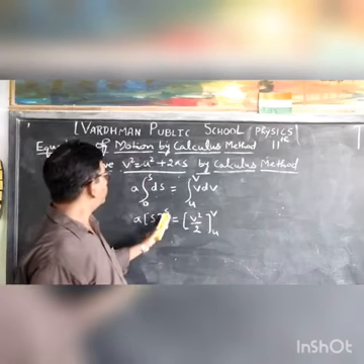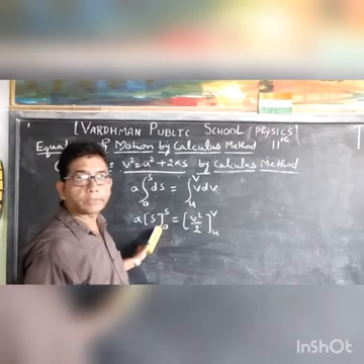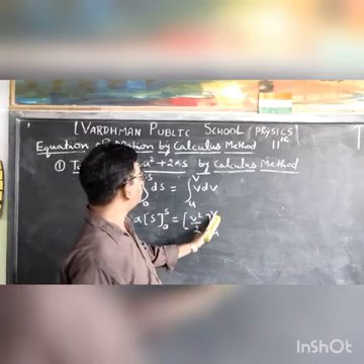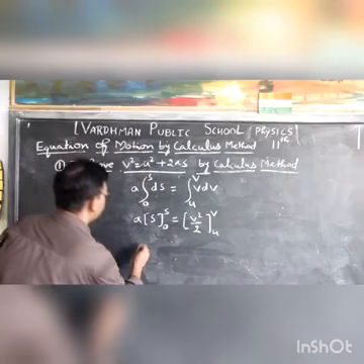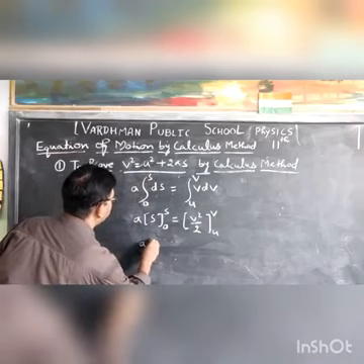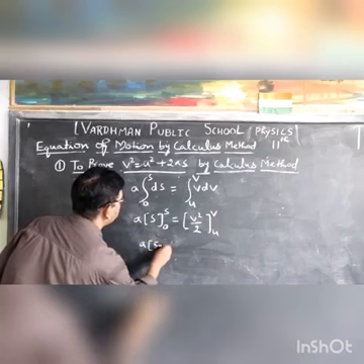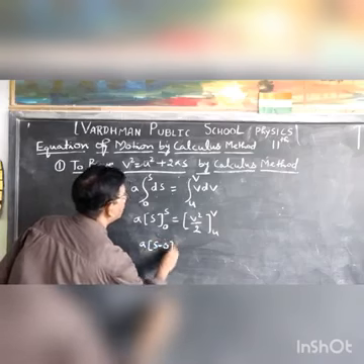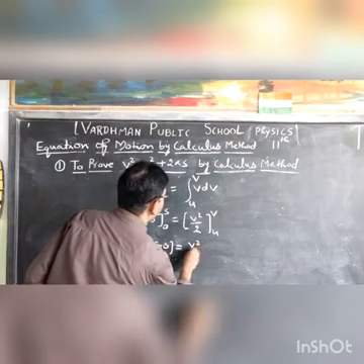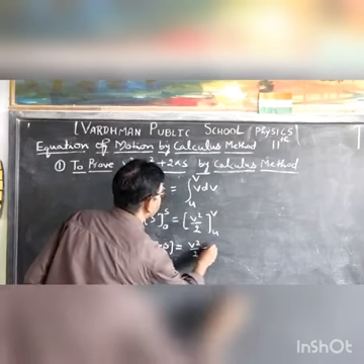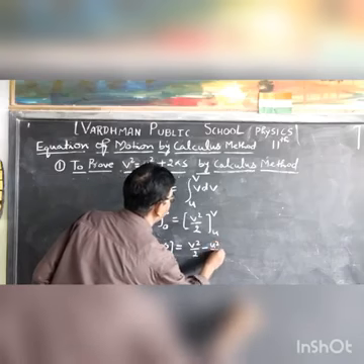Here we put upper limit minus lower limit. Then it becomes a into s minus 0 is equal to v square upon 2 minus u square upon 2.